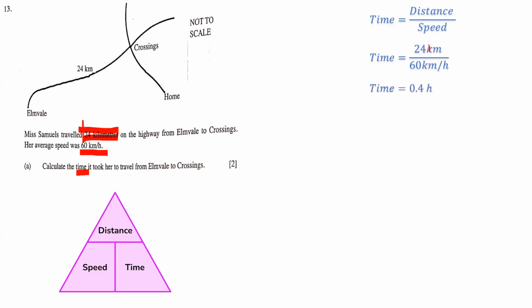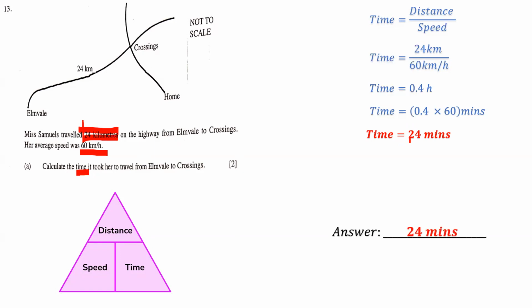If you put it in your calculator, 24 divided by 60 is 0.4. So the time taken is 0.4 hour. But what is 0.4 hour? Well, we multiply that by 60, and that gives us 24 minutes. So it took her 24 minutes to travel from Elmvale to crossing.